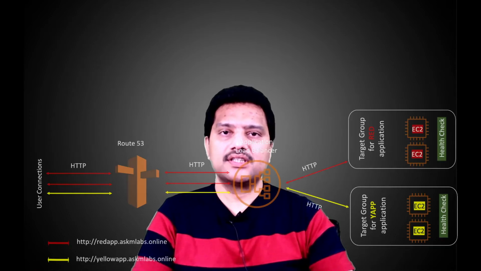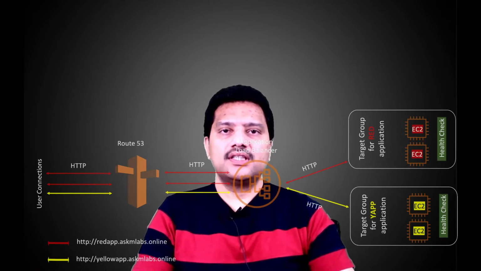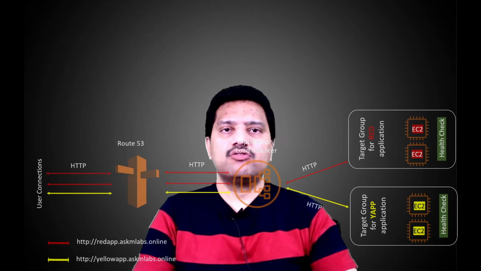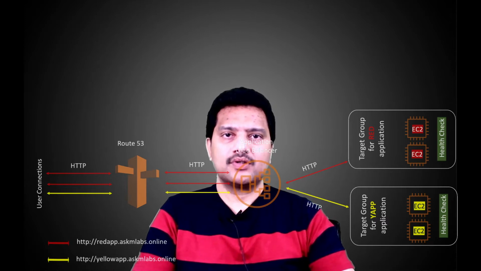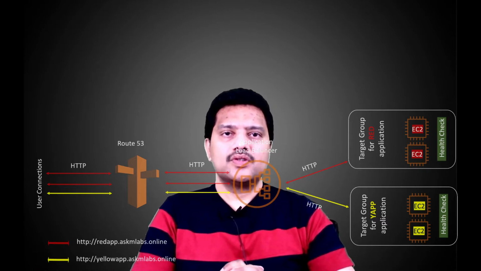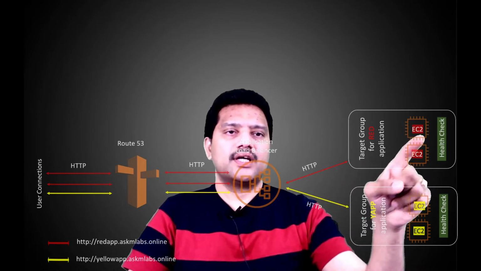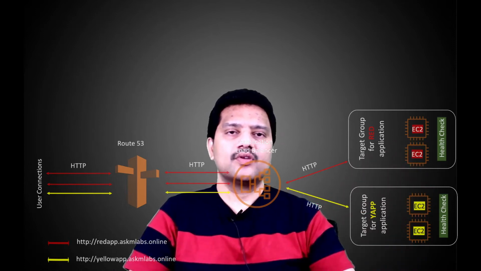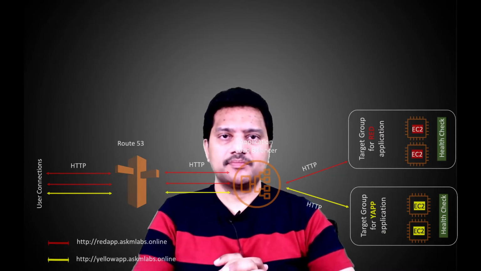Now, let me take the diagram and explain what we are going to discuss in this demo. This is the diagrammatic representation of what we are going to do in this demo. There are a total of 4 EC2 instances, and all these EC2 instances are serving my application.